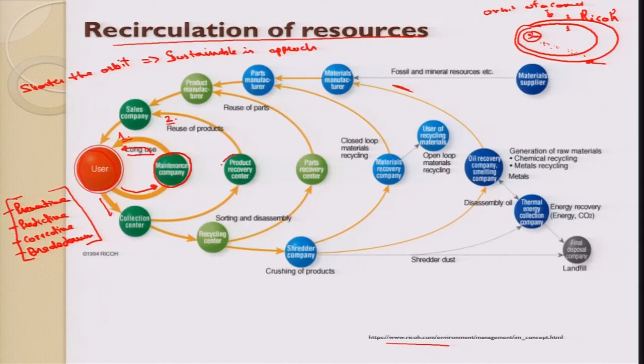The car is sent to the collection center. The collection centers dismantle all the components. They separate the metallic and non-metallic parts. They then collect the parts which can be reused again. For instance, a few screws, nuts, and components which can be used again are collected by this product recovery center.